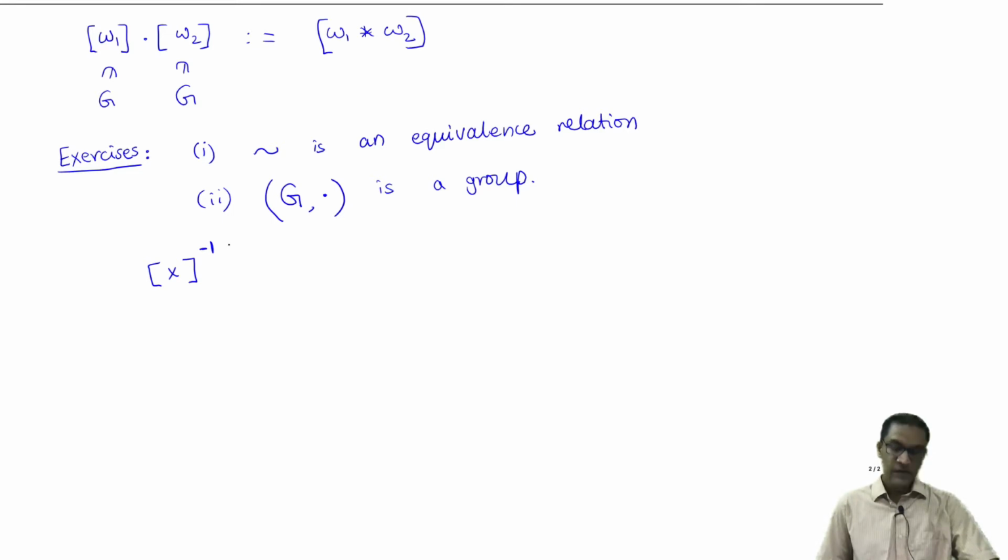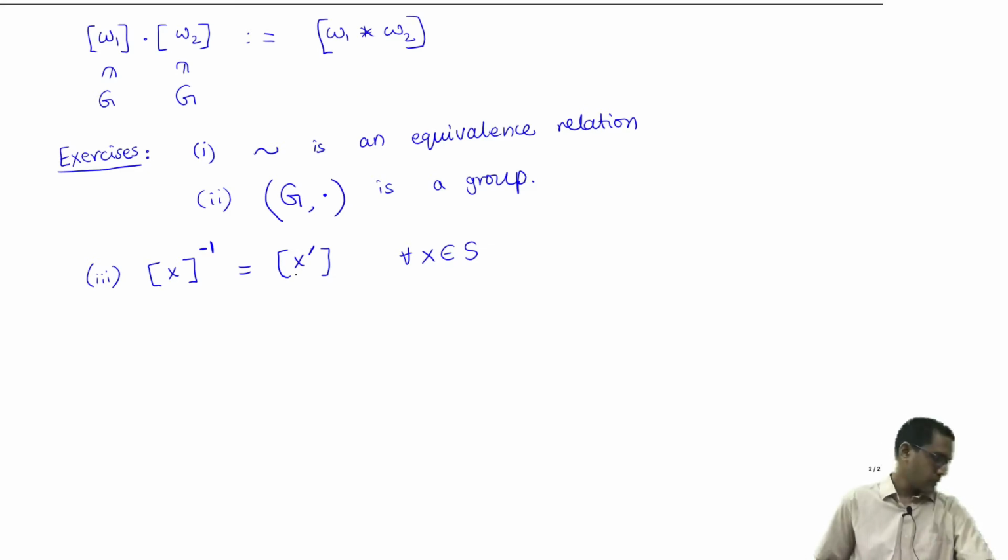We needed to find an inverse for this word X, and like in the earlier case, this inverse is just the word X prime, for all X in S. So maybe that's part 3 of the exercise: show that in this group G, the inverse of the singleton word X is in fact the word X prime, also a word of length 1. In fact, that will be one of the things you show when you show that it's a group. So this is how you define free groups in general.